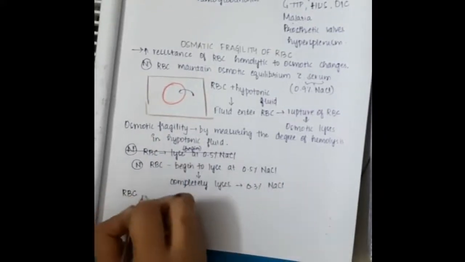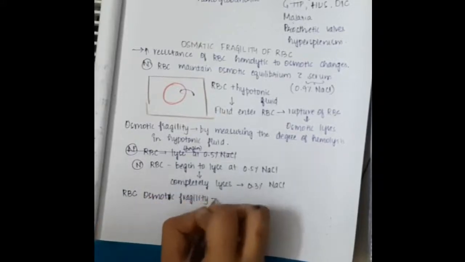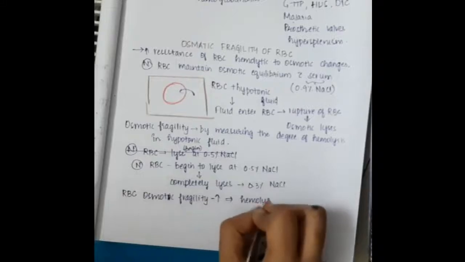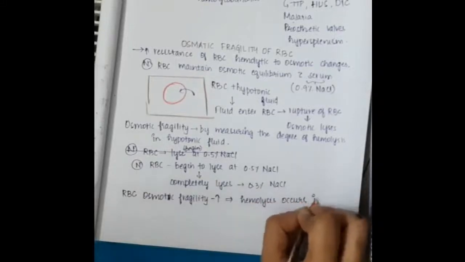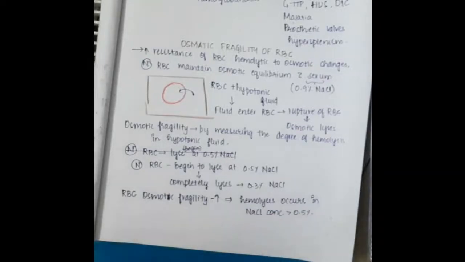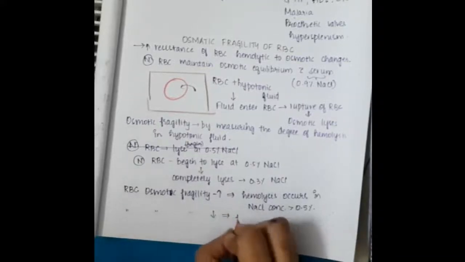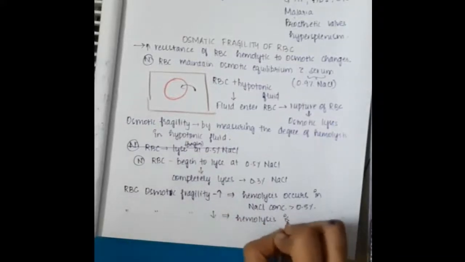There are some conditions where osmotic fragility increases. We can say osmotic fragility increases if hemolysis of RBCs occurs in sodium chloride of more than 0.5% concentration.